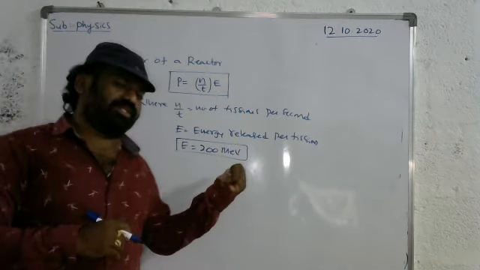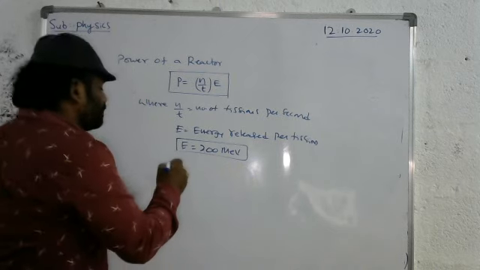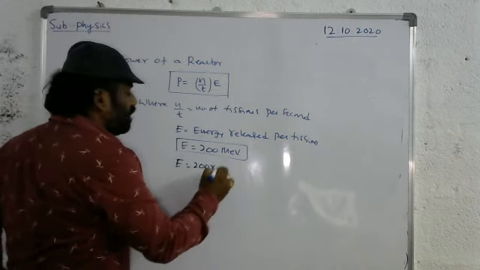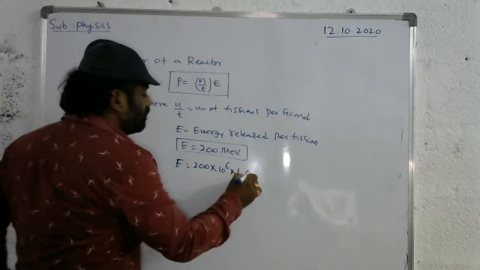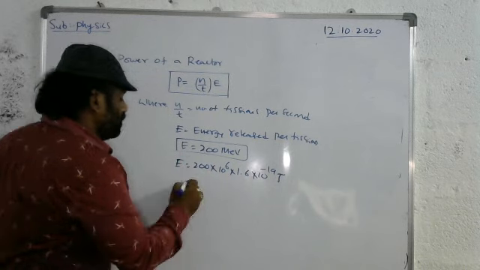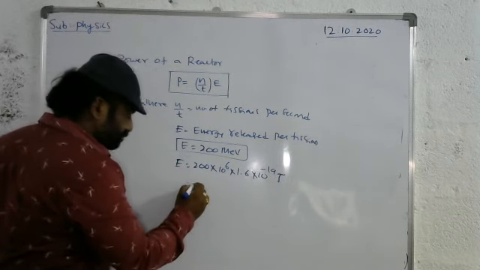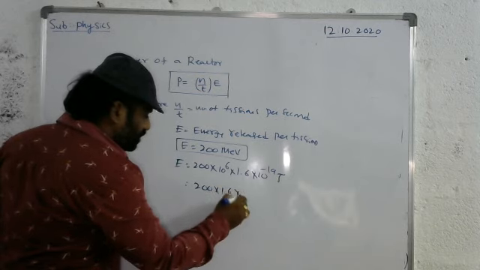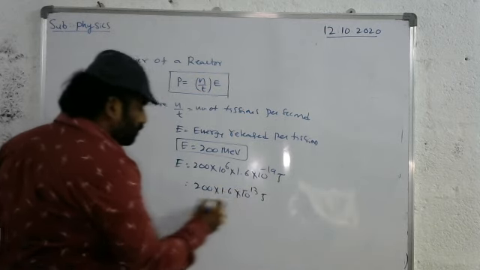This energy in MeV is converted into joules. For that, energy E is equal to 200 into mega, which means 10 to the power of 6, and 1 electron volt is 1.6 into 10 to the power of minus 19 joule. So this is 200 into 1.6 into 10 to the power of minus 13 joule.